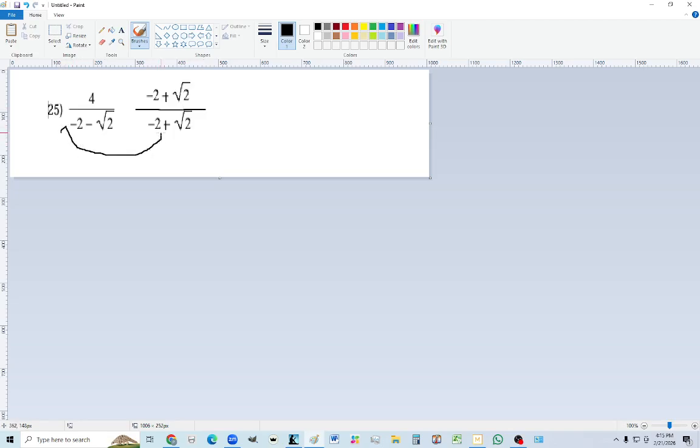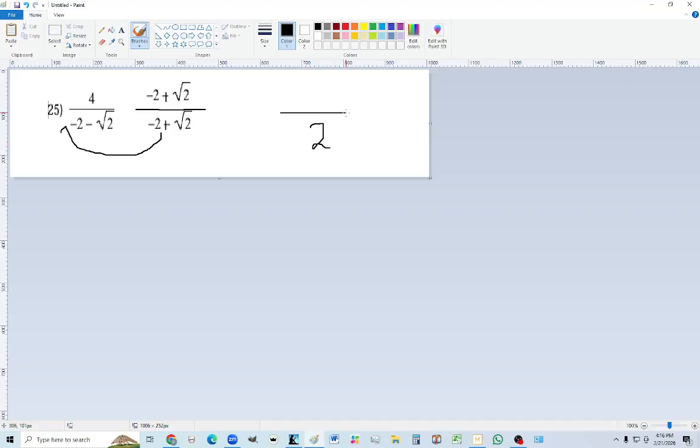Minus 2 times minus 2 is plus 4. Minus 2 times plus square root of 2 is minus 2 square root of 2. Minus square root of 2 times minus 2 becomes plus 2 square root of 2, so the middle terms disappear. And minus square root of 2 times plus square root of 2 becomes minus 2. So you get 4 minus 2, which is 2.